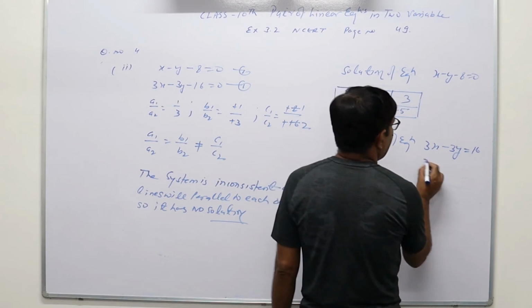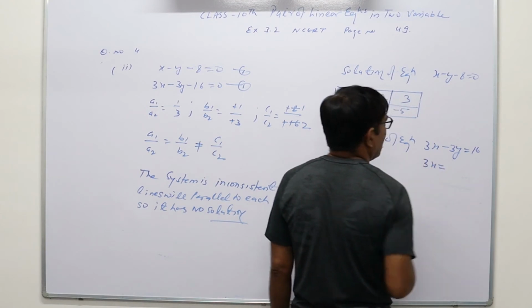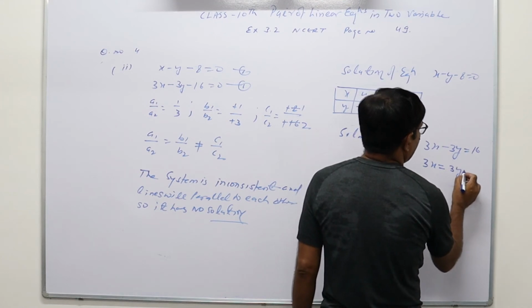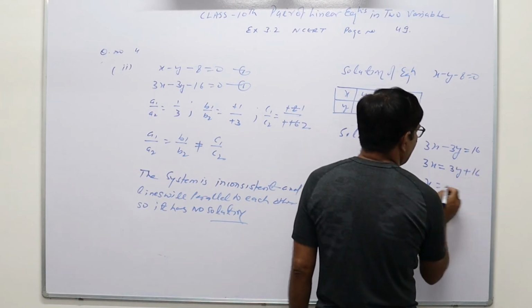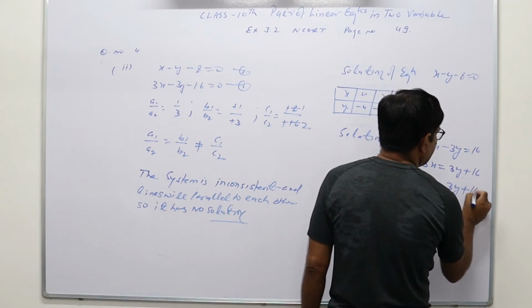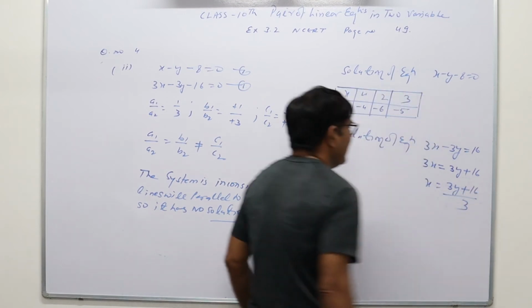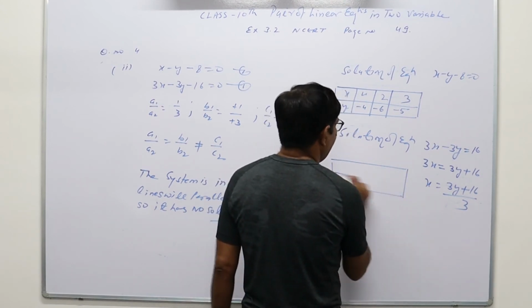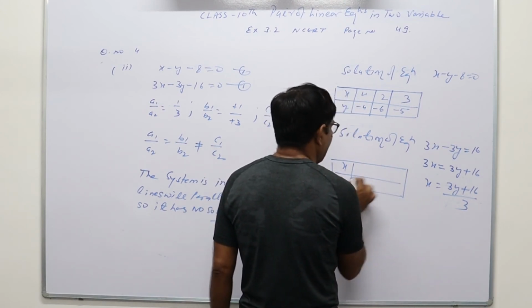So it can be expressed in terms of y. So x will be equal to 3y plus 16 upon 3. So this is your table for x and y.